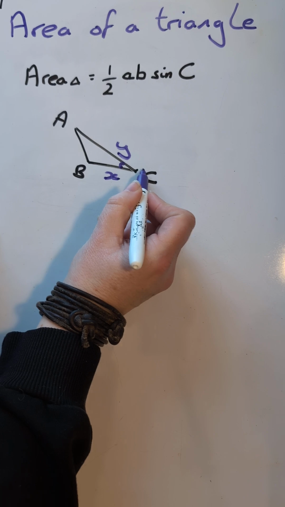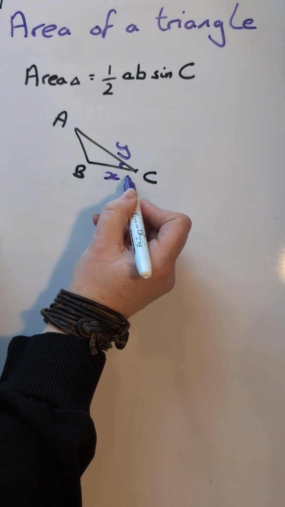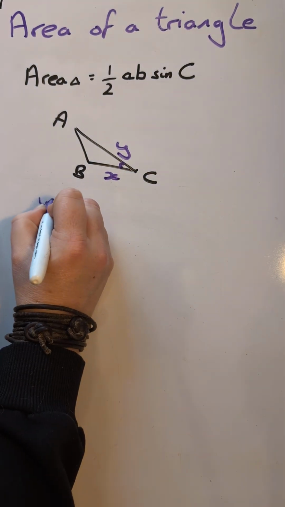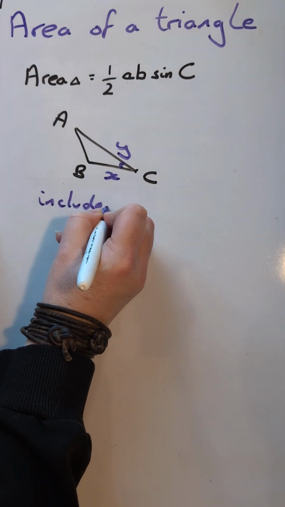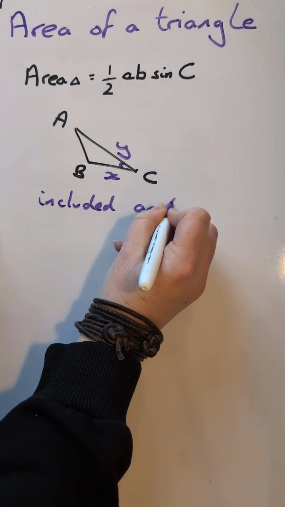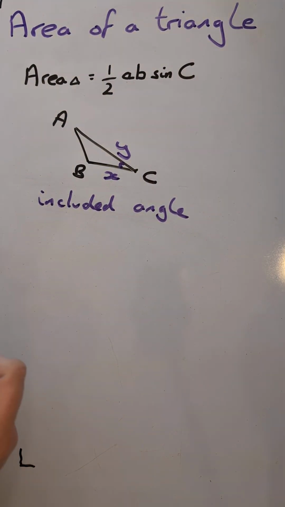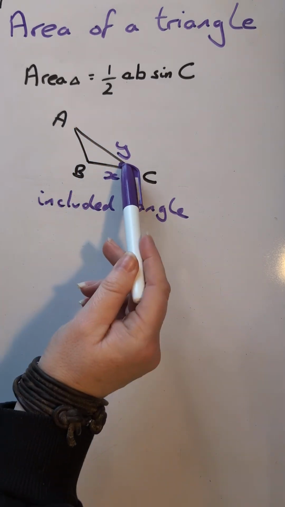We've got the sides with the angle that's in between them. We call that the included angle. You've probably heard me refer to it as the cozy angle before. It's being hugged by the two lines.